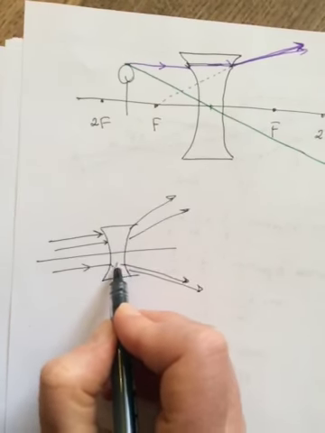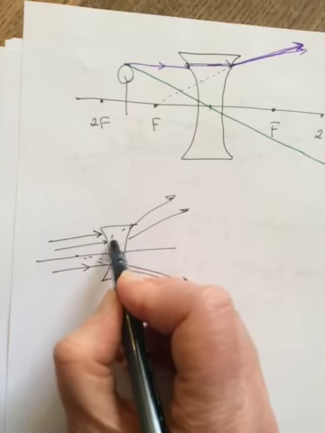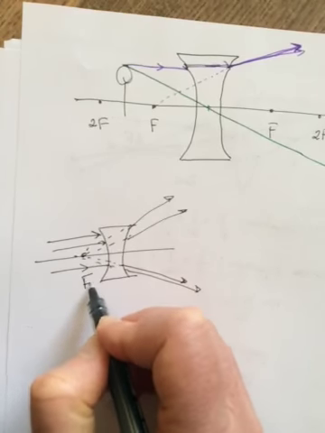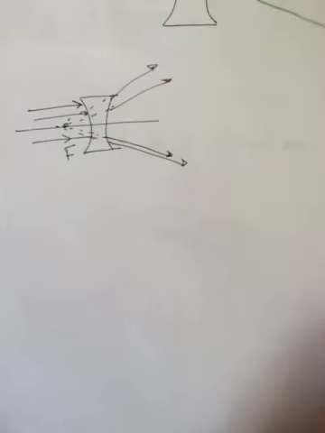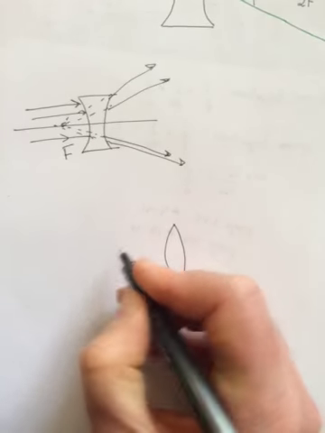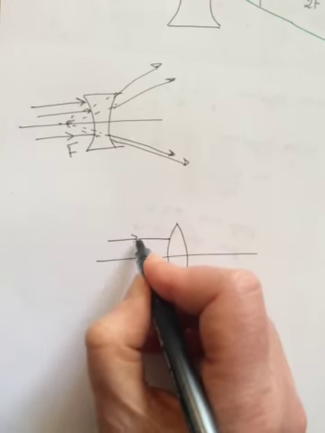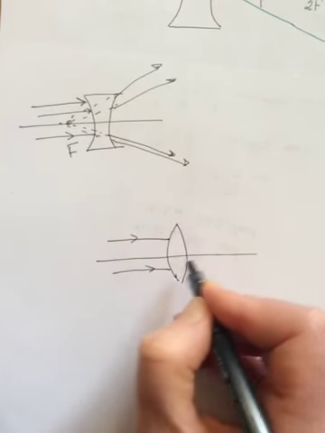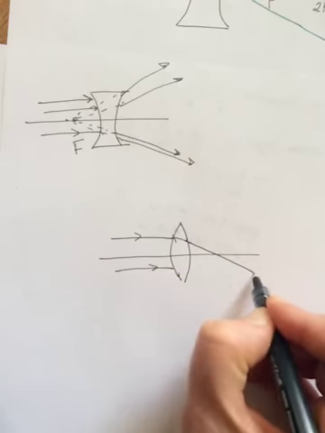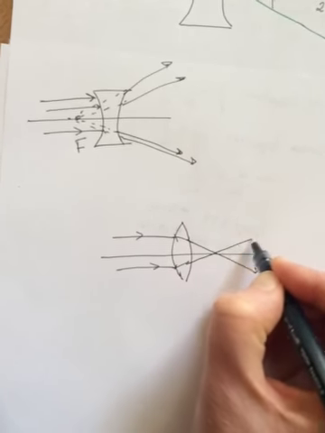But if you follow them back, they will all appear to come from the same point, and that point is the focal point. Whereas for the converging lens, the convex, rays that go in parallel to the principal axis all get bent in such a way that they pass through F on the other side.